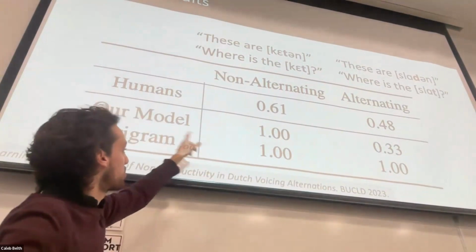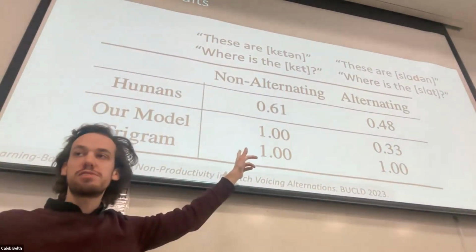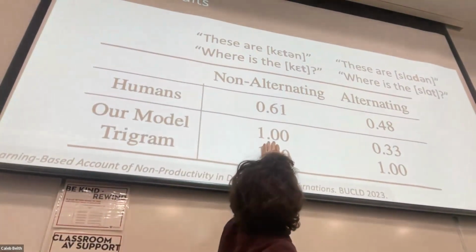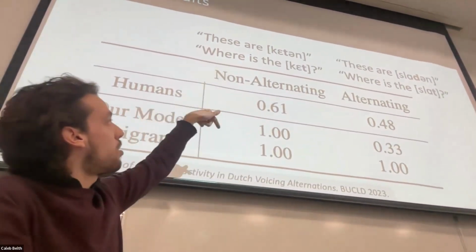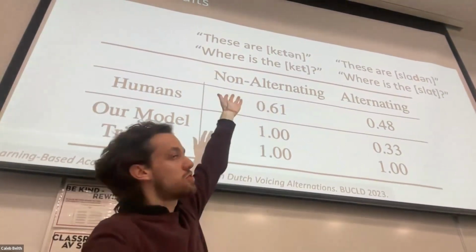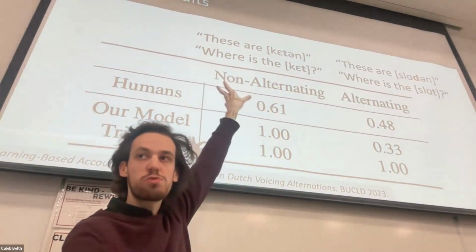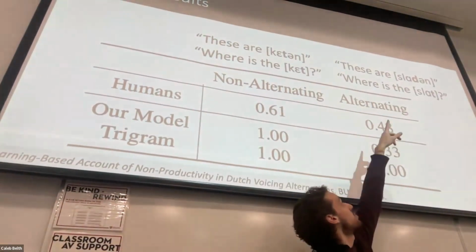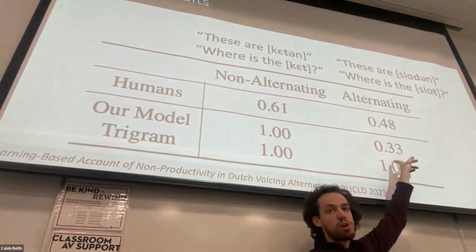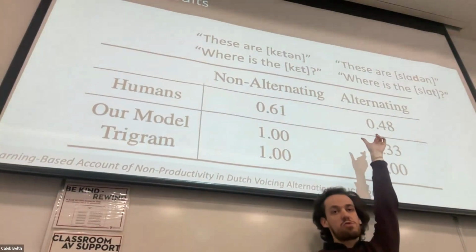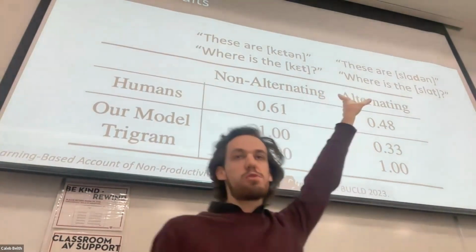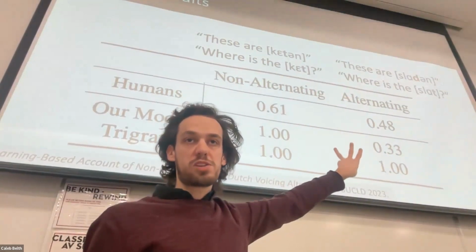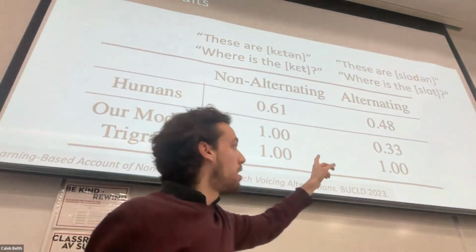And the model, of course, is a machine, so it's going to do categorically. When the form does not alternate, the surface faithful root form is consistent with the singular, so it always gets it right. And then it never gets it right for the slot in slot. The reason I have 0.33 is I'm just saying if there's a discrepancy between the surface faithful form and the predicted form, then you just guess out of the three possible pictures. That's how you get 1/3.